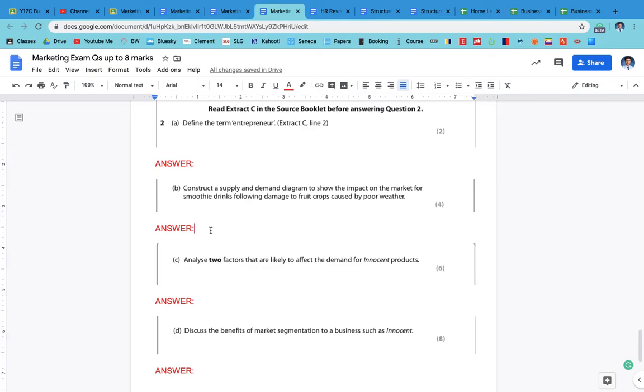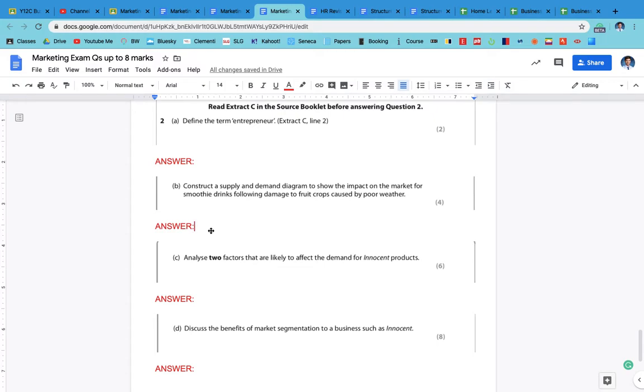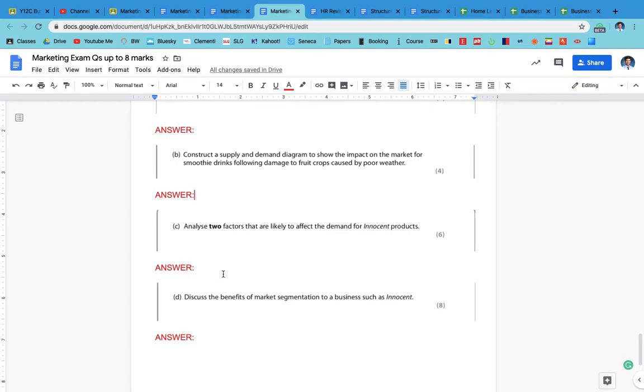Supply and demand. So construct a supply and demand diagram. You might need to do that on a bit of paper, take a picture on your phone and paste it in, airdrop it in. Analyze 2 factors that are likely to affect the demand. So remember, we're looking for AO1, AO2, and AO3 times 2.